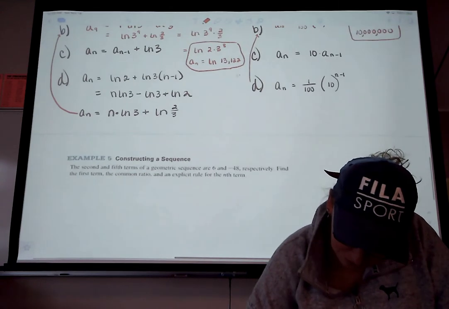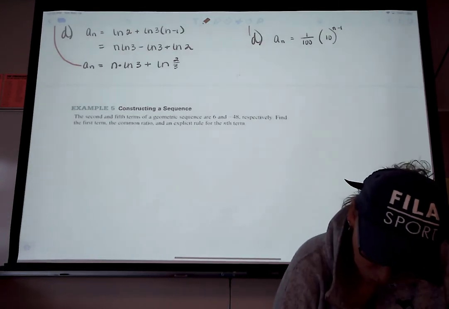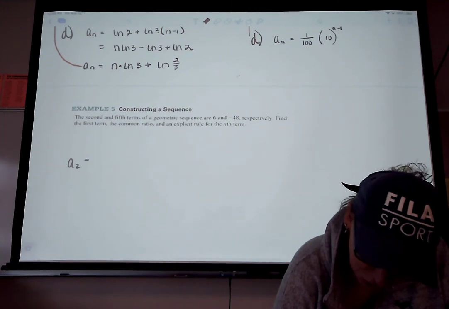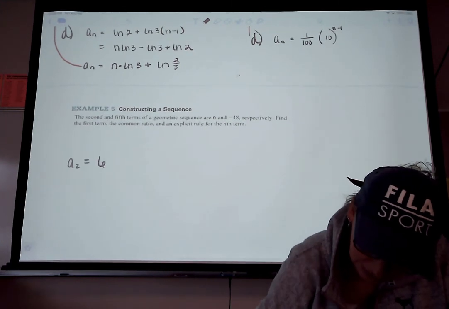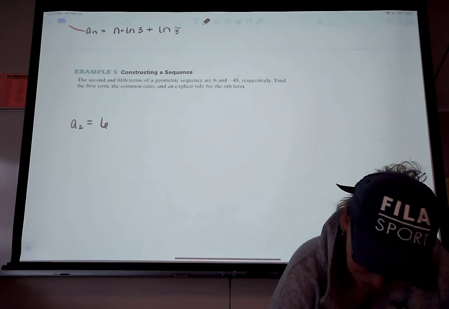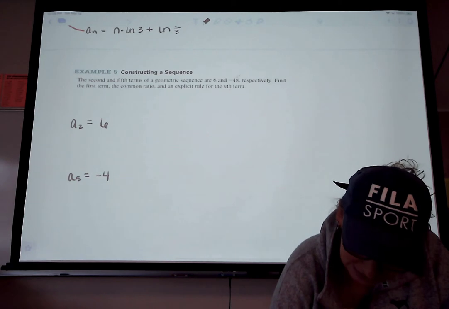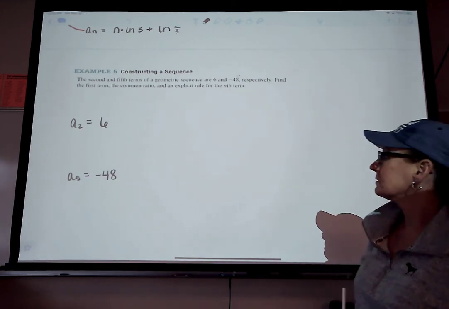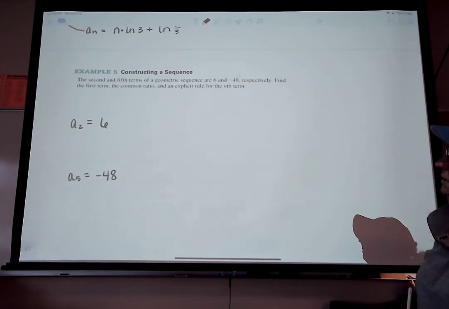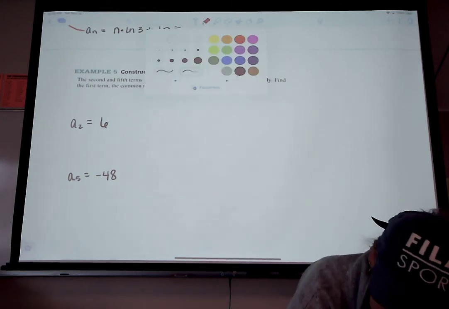And one more on the back. We've got the second term is 6. Don't know third, don't know fourth. The 5th term is -48, and it says it's a geometric sequence. So those are the 2 we know.